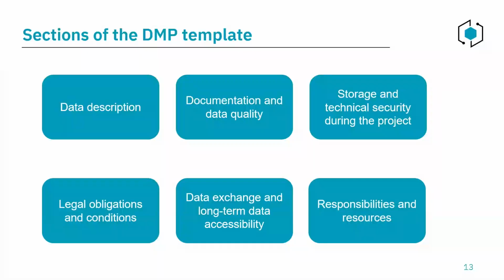You have to think about the storage of your data and also some technical security aspects during your project. You have to think about legal obligations and conditions. And you have to answer how you are going to exchange your data and make it accessible for the long term. And also really important, the last aspect here: who is responsible for what and when, and which resources are you going to use to guarantee this.